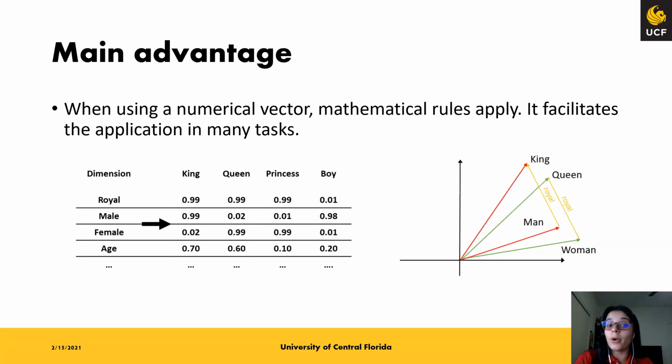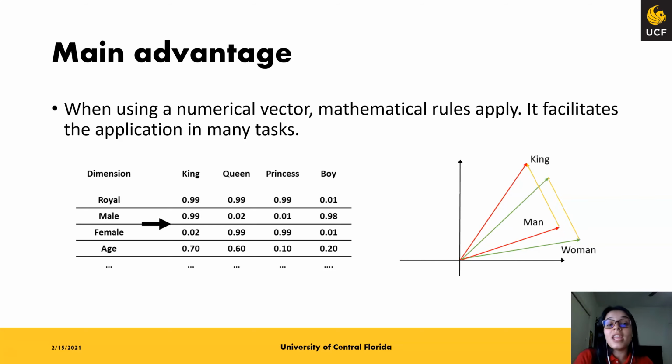And we can see in this table the dimensions. For example, royal, we have king, queen, and princess with the same values. However, boy has a lower value. That's because boy is not connected to royal. In the same way, when we do the dimension male, we know that king and boy have a higher value than queen and princess because those other two words represent women or female.